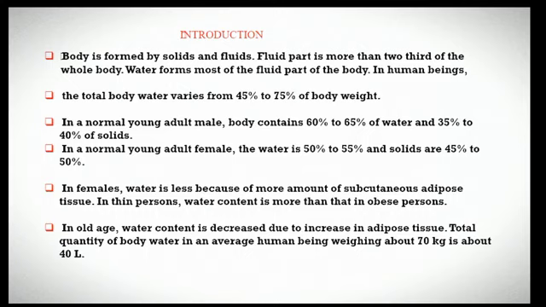And that is to show, for your clarity, that a human being weighing 70 kg contains about 40 to 45 liters of water in the body system.